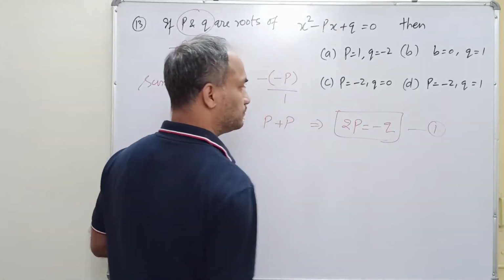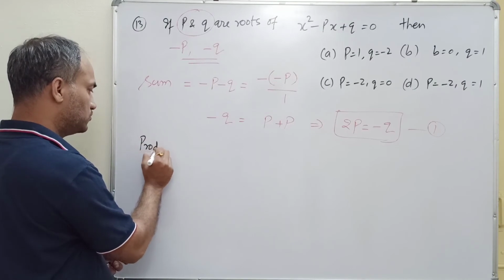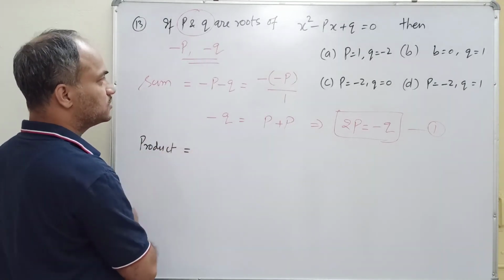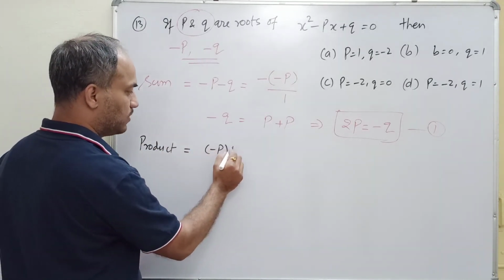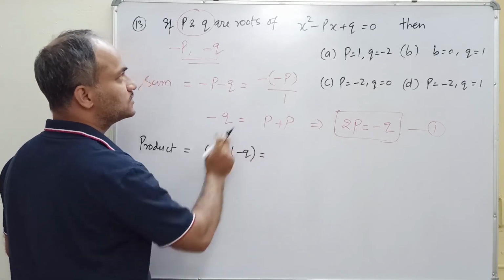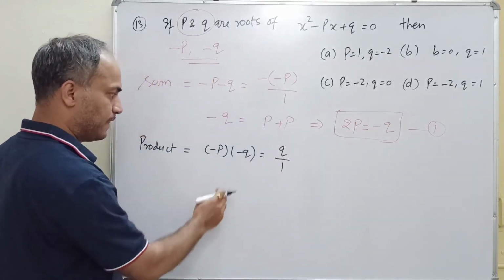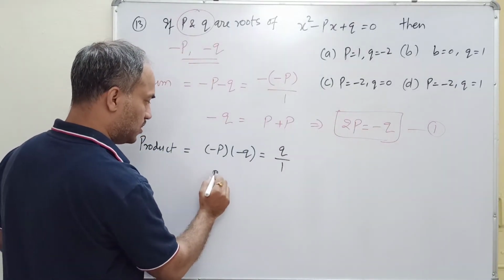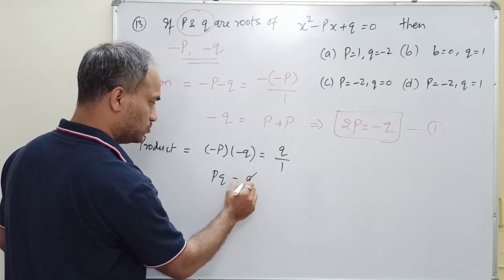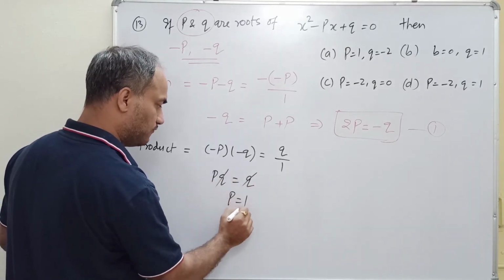Equation number 1. And we take product of roots. What is this? Minus p into minus q. This is c upon a, and c here is q upon 1. So this becomes pq is equal to q. So q cancels, p becomes 1.